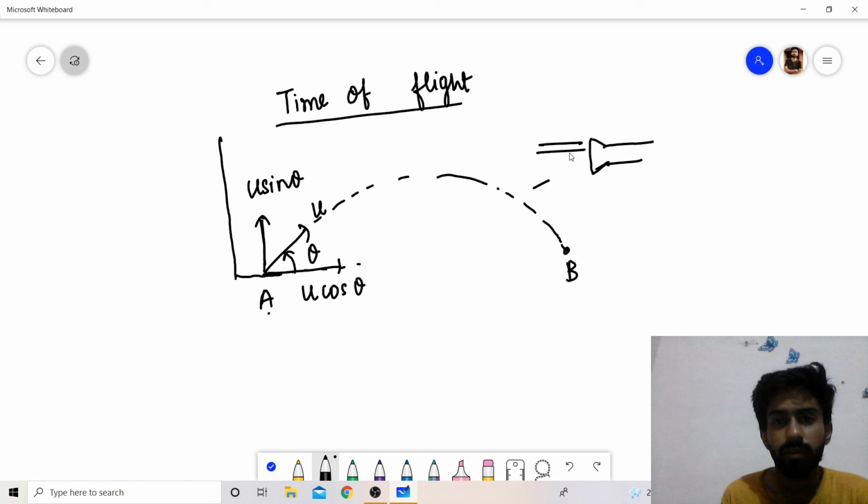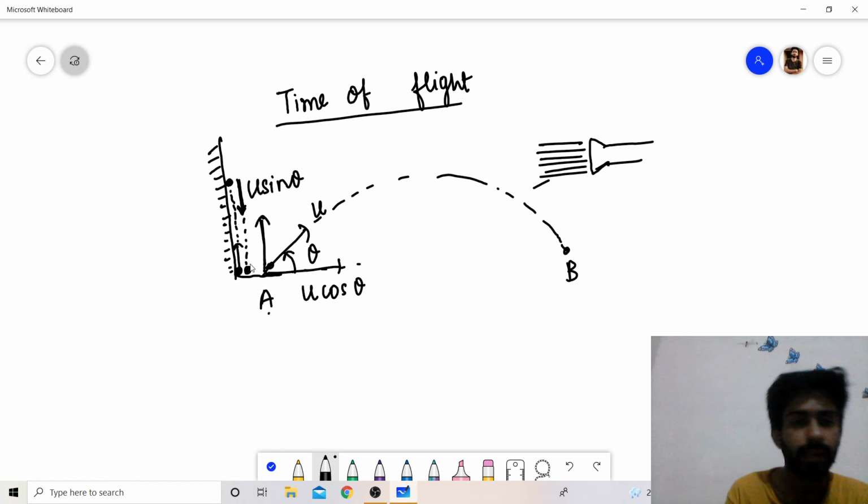What we see is that the shadow of the ball first moves upward and reaches the maximum height, then again moves downward, and it reaches its initial position again.